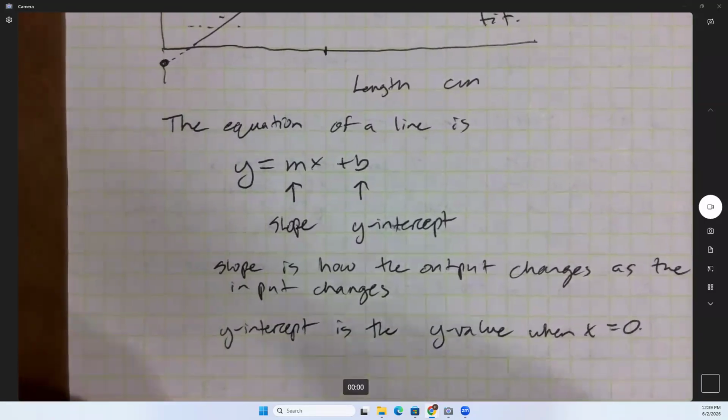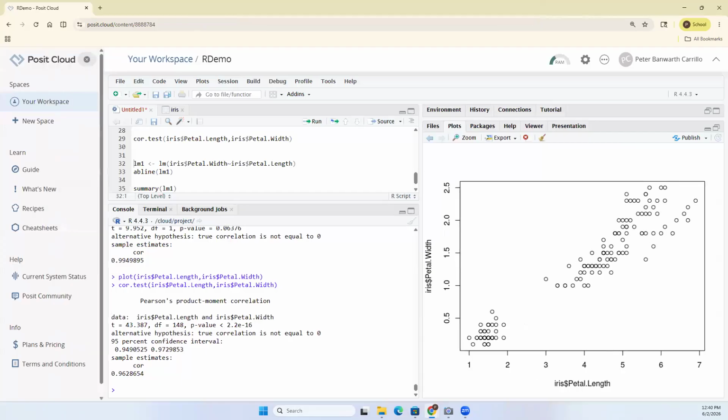So let's hop back to R and actually do that calculation from within R. So here's my data, and I would like to be able to plot the line of best fit. And to do that, I'm going to use this command lm, which creates a linear model. And I'm going to say I want to predict the petal width of irises if I know the petal length of irises.